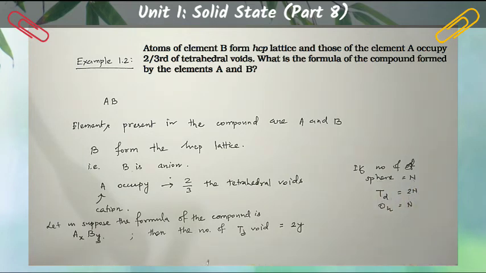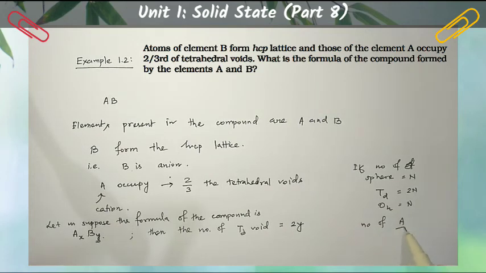Since only 2/3 of the tetrahedral voids will be occupied by A, the number of atoms of A is 2/3 of twice y. So the number of atoms of A present in that compound is equal to 4/3 y.